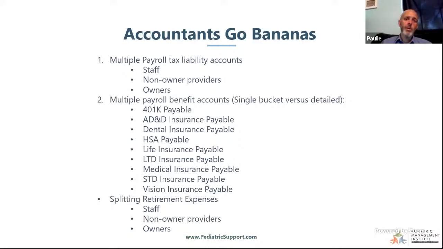The other thing that drives them a little crazy is, let's say, for example, we have Dr. Hart, who's an employed physician working for us, and he had a payroll deduction of $1,000. Generally speaking, they'll just make a payroll payable account, and we need some granularity there. The reason I need it is because when I pay him, let's say $8,000, I'm going to take $1,000 of that and put it towards his retirement plan.